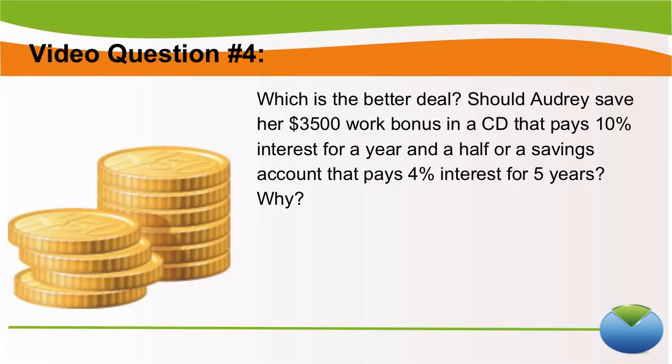Video question number 4 says, which is the better deal? Should Audrey save her $3,500 work bonus in a CD that pays 10% interest for a year and a half, or a savings account that pays 4% interest for 5 years? And explain why. Pause me while you work this out. Come back when you're ready for the last question.